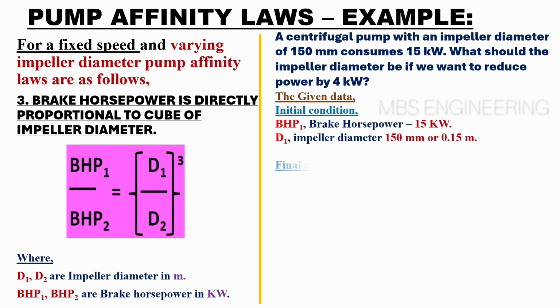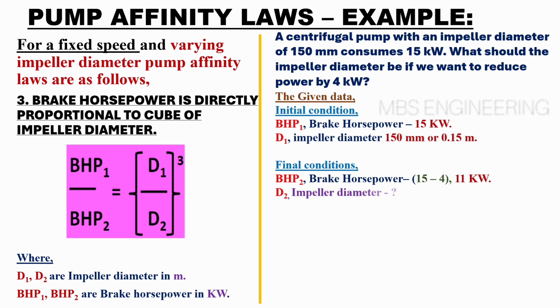Next, the final conditions for the pump are as follows. bhp2 is the brake horsepower. We reduce power by 4 kilowatts, which means 15 minus 4, and the obtained bhp2 is 11 kilowatts. We need to calculate d2, which is the diameter of the pump impeller.